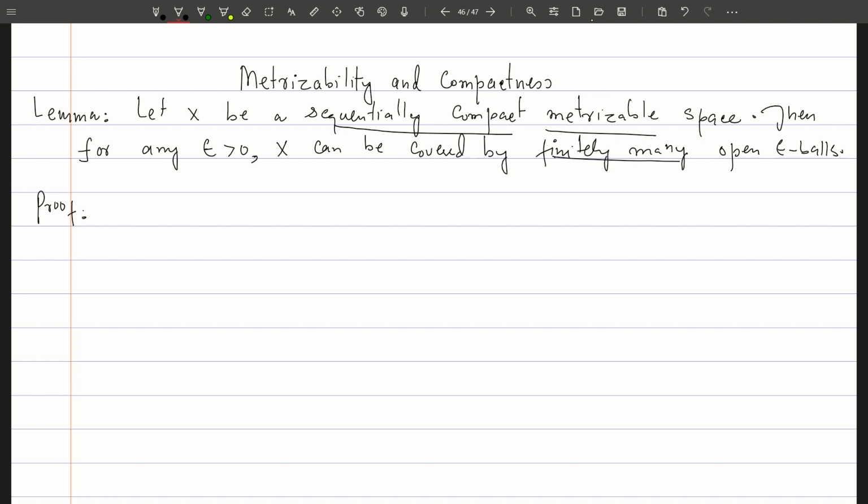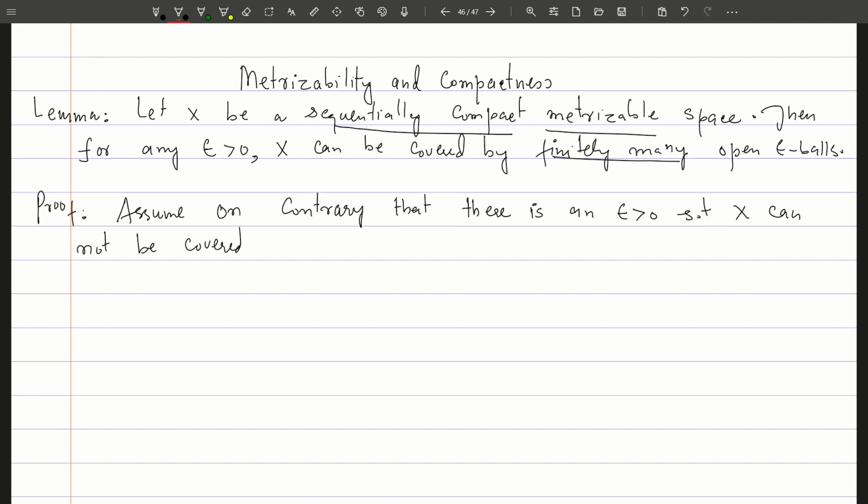So we assume on the contrary that there is an epsilon positive such that X cannot be covered by finitely many open epsilon balls, and we will derive a contradiction. This is what we'll assume.